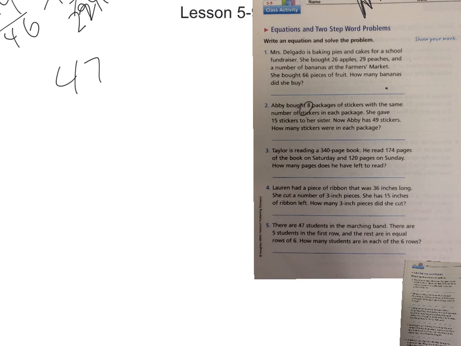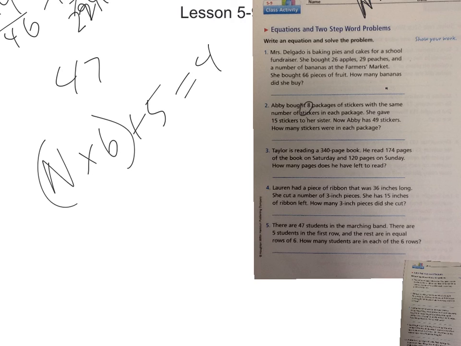Okay, so if each row, n, we'll say there are 6 in each of those rows, plus 5, because there's one row with 5, equals 47. What we could do is minus the 5 from here, minus the 5 from there, because you're doing plus 5 here, we would minus 5 there to get it back.